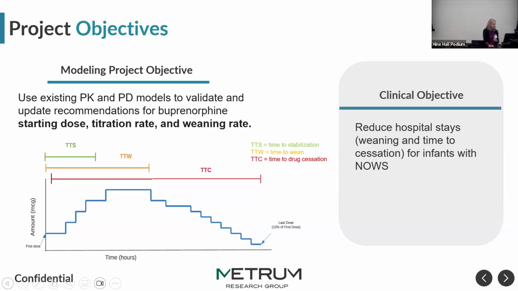So these can be measured in these benchmarks, where we'll start at an initial dose in these infants, and then they'll titrate up. And this time to stabilization is the time that it takes to achieve this apex. And so they're stabilized on one dose for at least 2 days, and then they can wean. And so that's the time to wean, TTW.